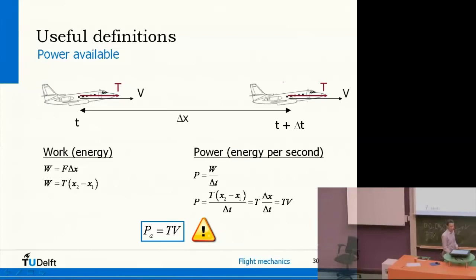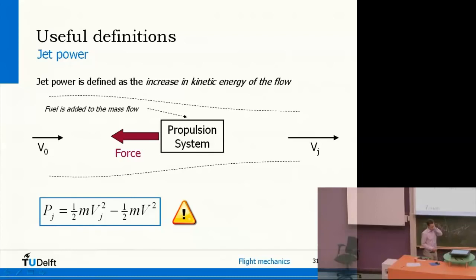Of course, there are some other powers you can define, because you remember we're accelerating mass in order to get a thrust force. So you can imagine that there is a change in the kinetic energy of the air. So we can also define something which is called jet power, and that's basically the change of kinetic energy of the flow. Right?